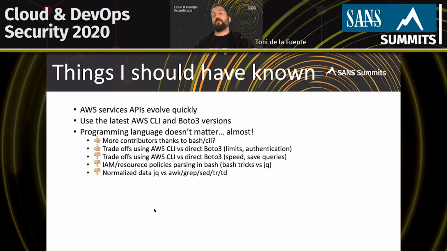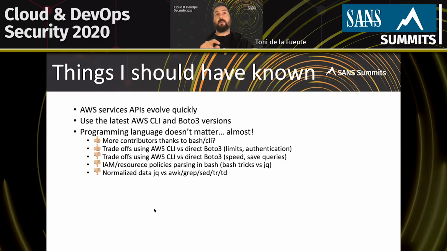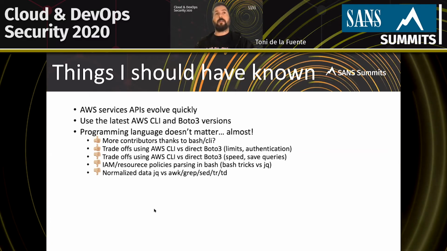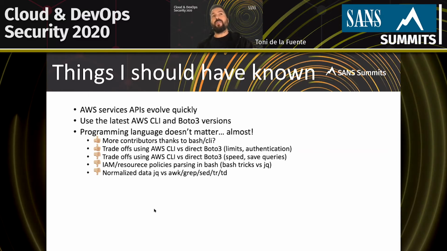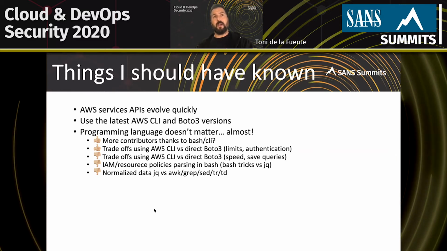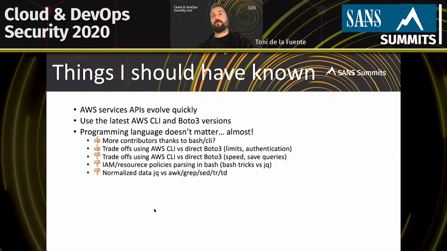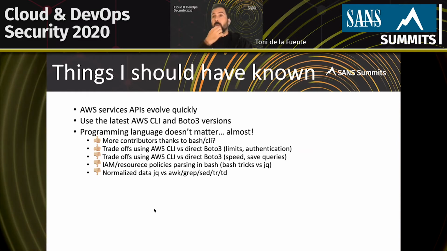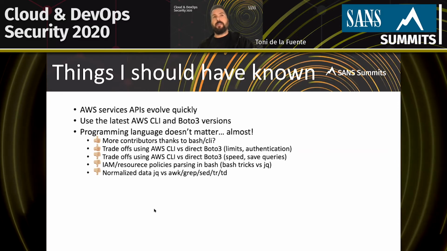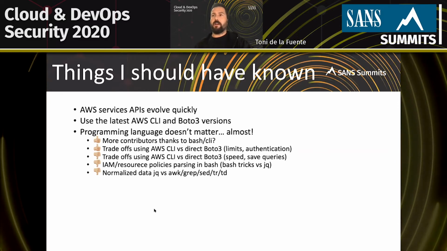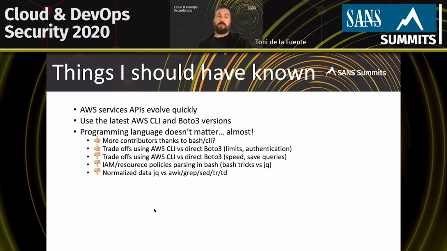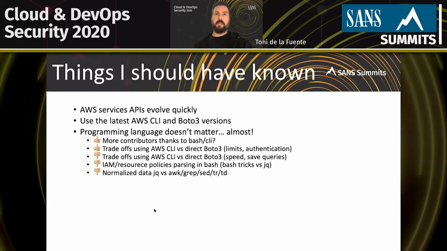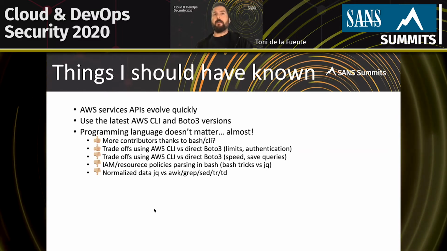There is also a trade-off between using the CLI with Bash and Boto 3 directly, with Python. Reaching the API limits is harder when you are using the CLI because everything is sequential with Bash, unless, of course, you do parallel stuff. But out of the box, Prowler does everything sequentially, so you don't reach the API limits.